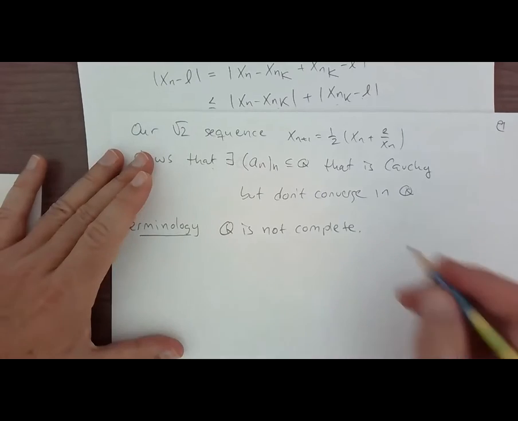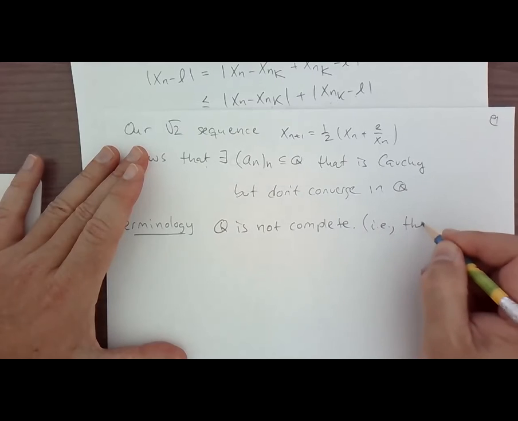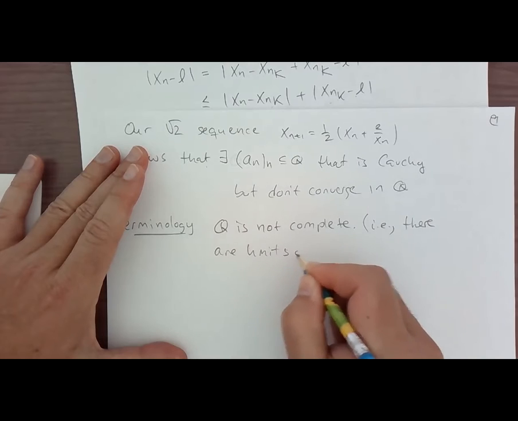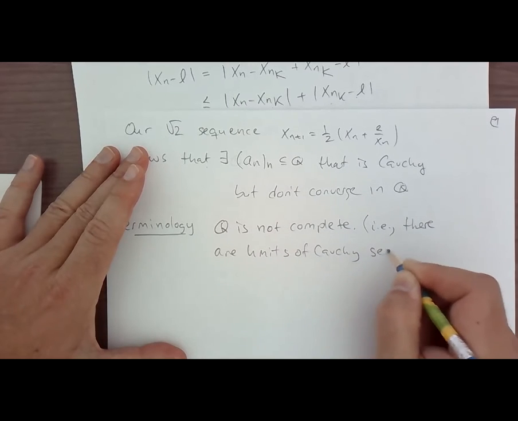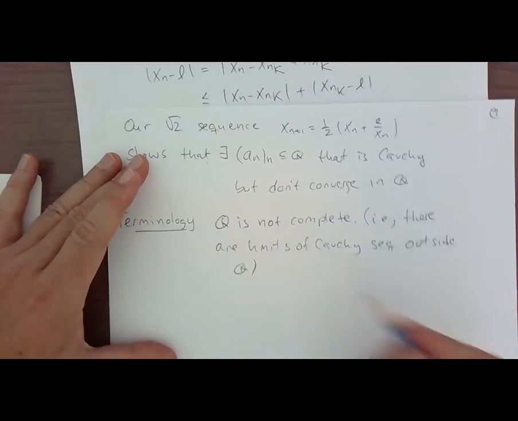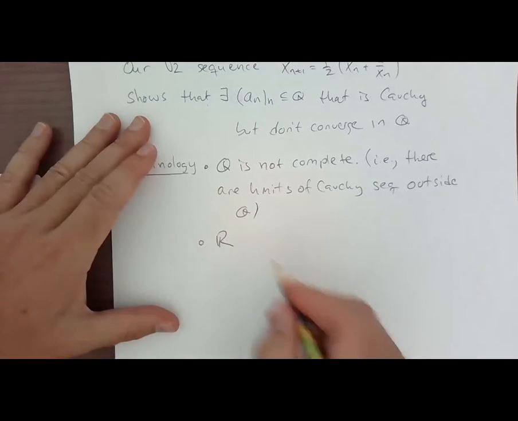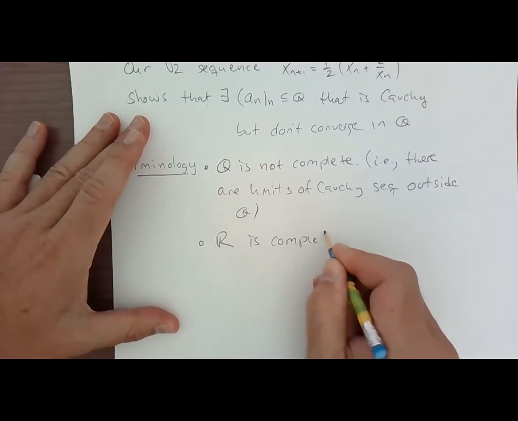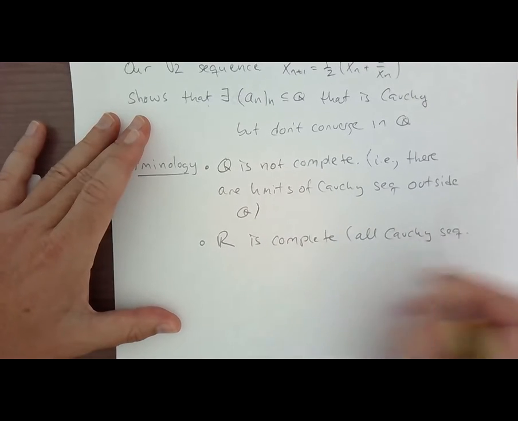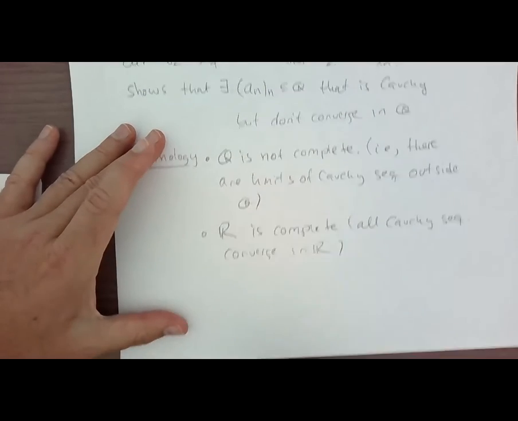Q is not complete. There are limit points, there are limits of Cauchy sequences outside Q. And R is complete: all Cauchy sequences converge.